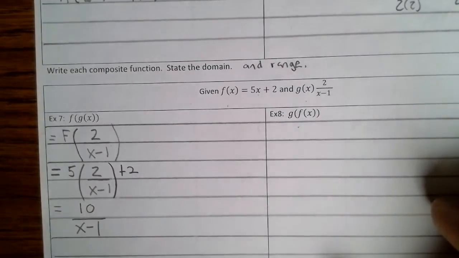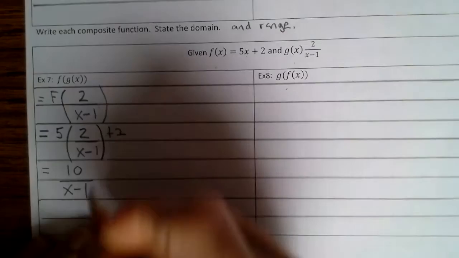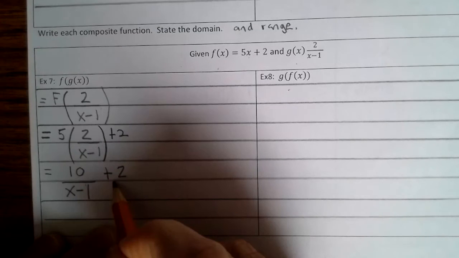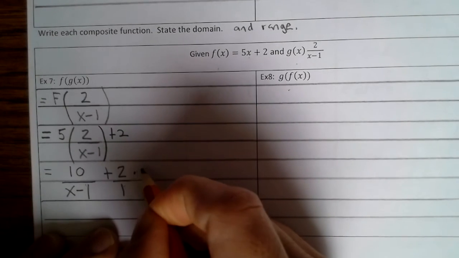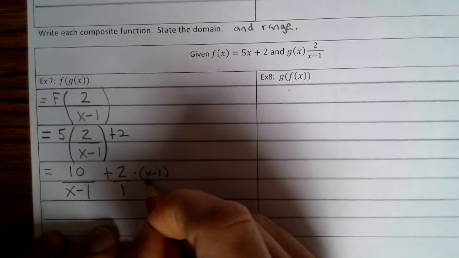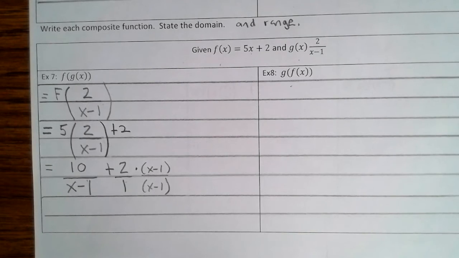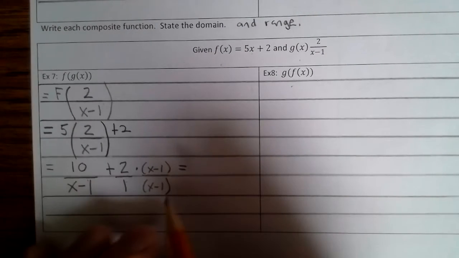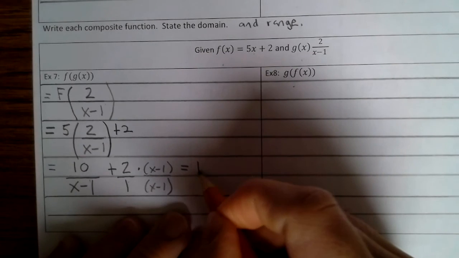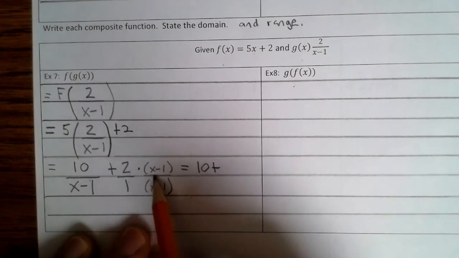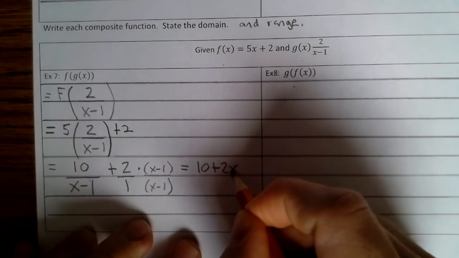Now, the issue you have is that you can't add these unless the denominator is the same. So if this is divided by 1, we need to multiply this by x minus 1 over x minus 1. Okay, so that equals 10 plus 2 times x is 2x, and then 2 times negative 1 is minus 2, divided by, since they now both have the same denominator, x minus 1.